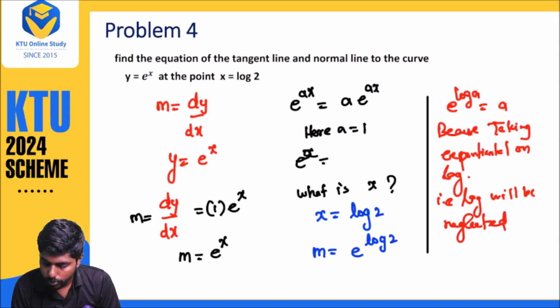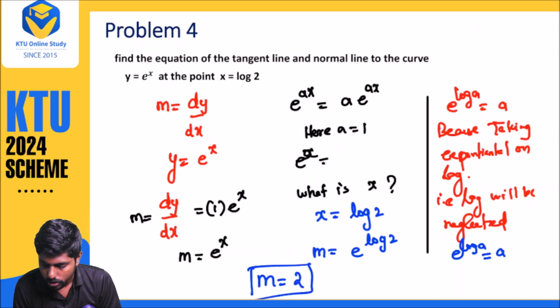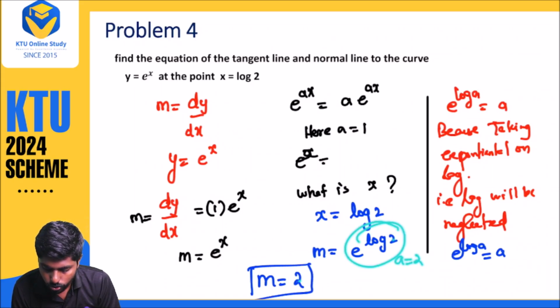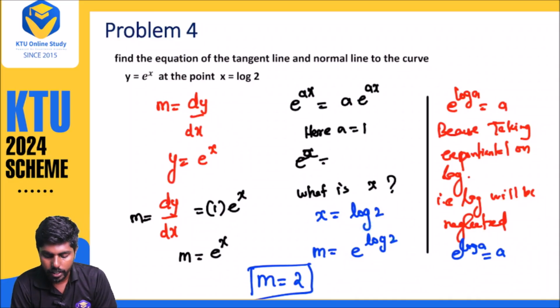So we will be getting e power of log a is equal to a only. Similarly, here m is equal to 2 only. Here a is equal to 2. So m equal to 2. So we have identified the value of m. Now what is the thing we want to identify?